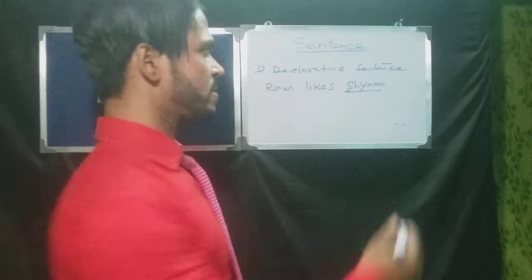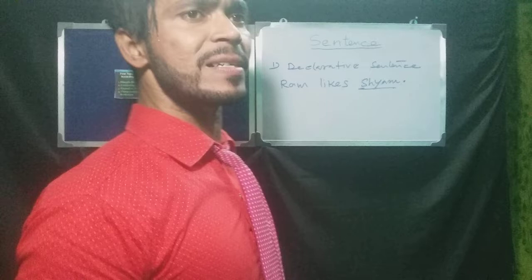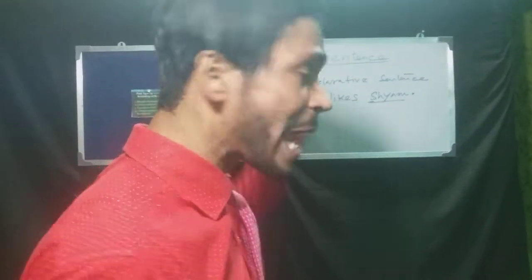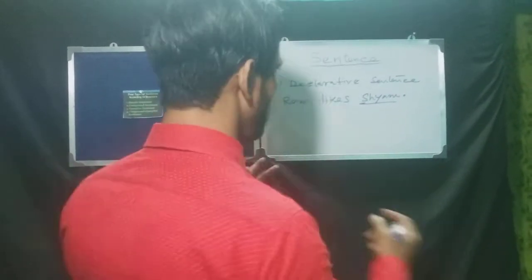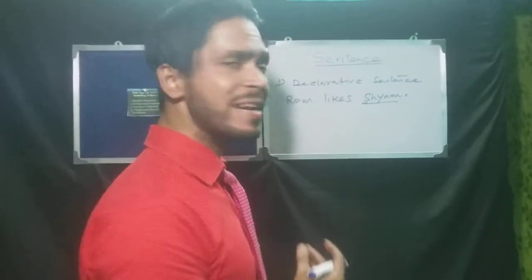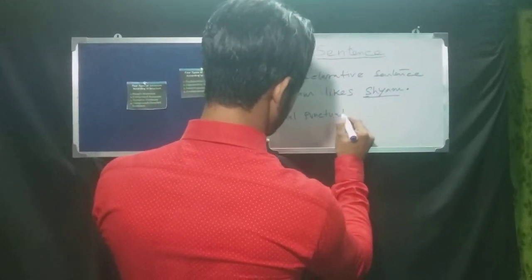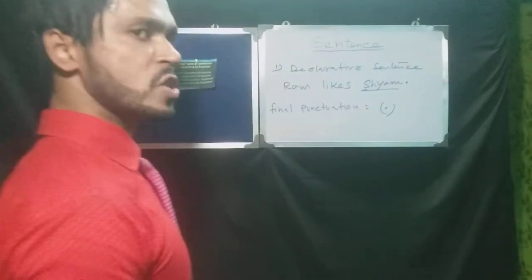It's a declarative sentence because it tells us something. It tells us a normal statement. And this type of sentence ends with a full stop. So what is the final punctuation of declarative sentence? Full stop. Now let's check out interrogative sentence.